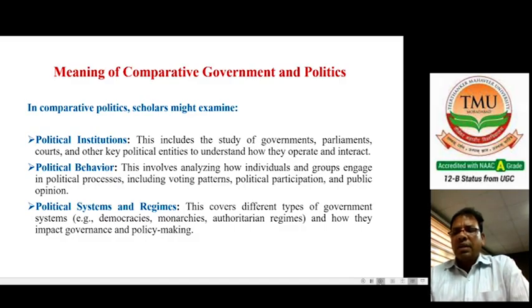Next is the authoritarian system. There may be some kind of electoral system, but it is not a democratic set of systems. They have an impact on governance and policy making. That means political systems have different kinds of policy-making approaches. So this is the meaning of comparative government and politics.